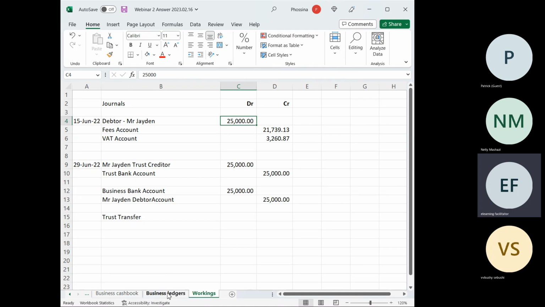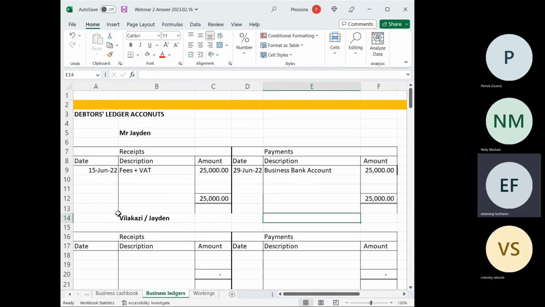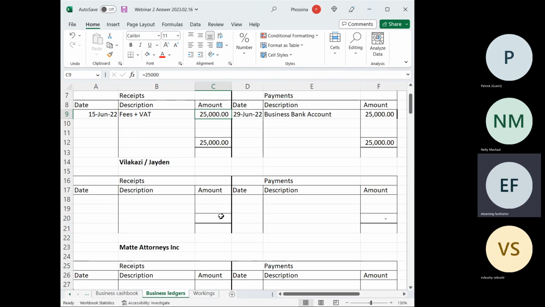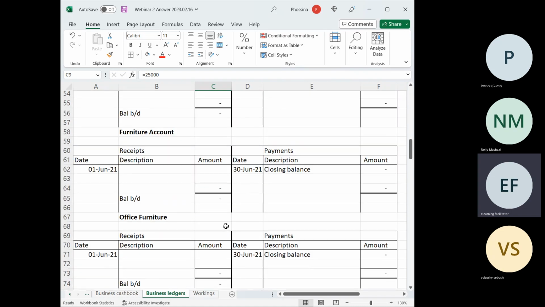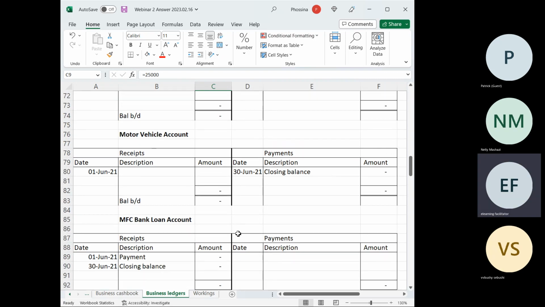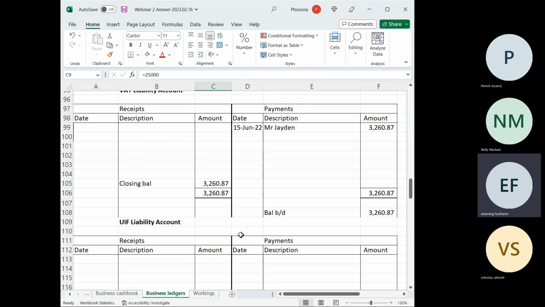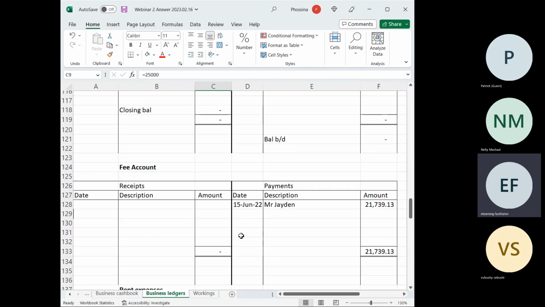In our ledger accounts, for Mr. Jaden, we debit him with the full 25,000 because he's going to pay for the fees and the VAT at the same time. We do not separate the two in his account. But in our ledgers, we separate them to show the fee account as well as the VAT account.